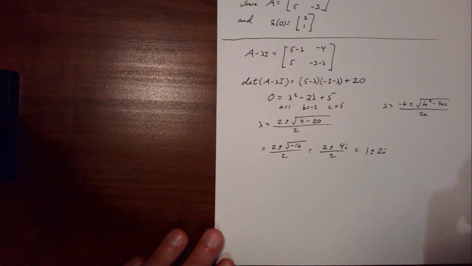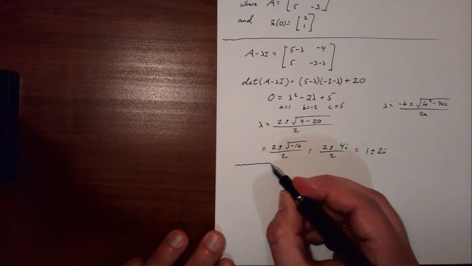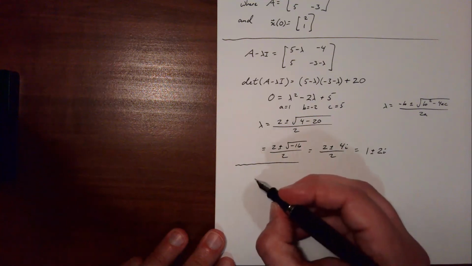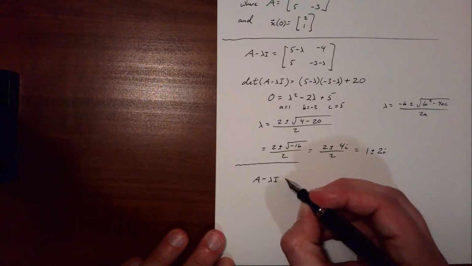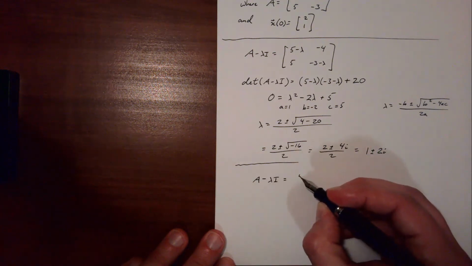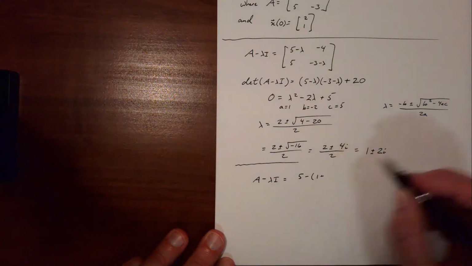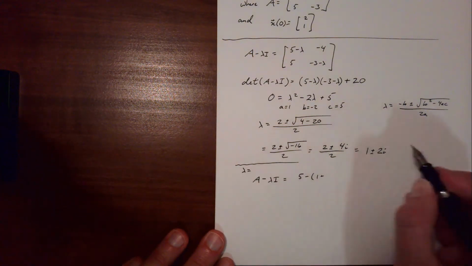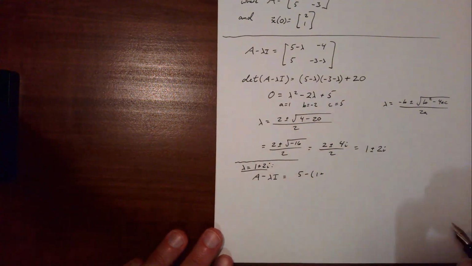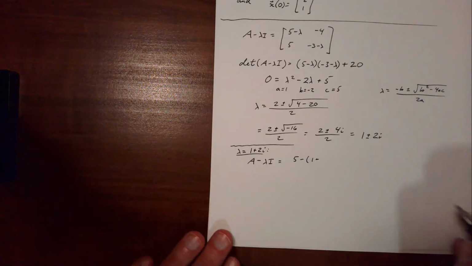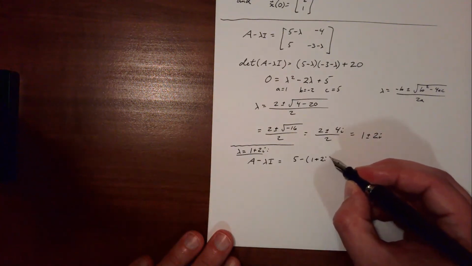Okay. Now, here's how to find the eigenvector. A minus lambda I is equal to 5 minus 1. So I'll pick here lambda equals the positive. We're always going to, by default, choose the positive side here. 1 plus 2i.